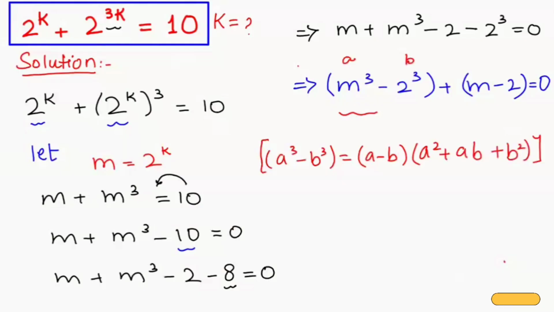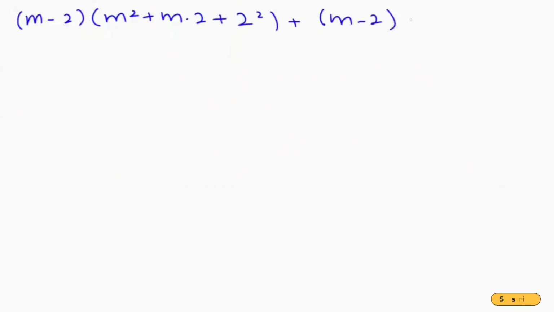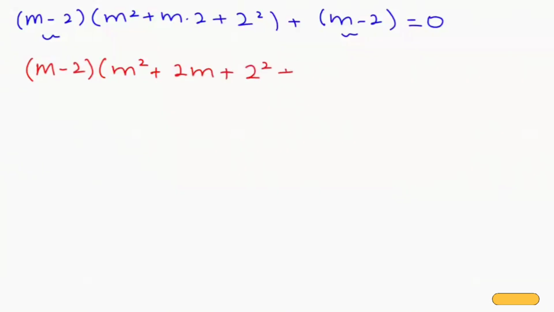So this expression can be written as (m minus 2)(m square plus m times 2 plus 2 square), plus the remaining part we have, m minus 2, equals 0. Now I'm going to take m minus 2 common: (m minus 2)(m square plus 2 times m plus 2 square, and here 1 is remaining) equals 0.